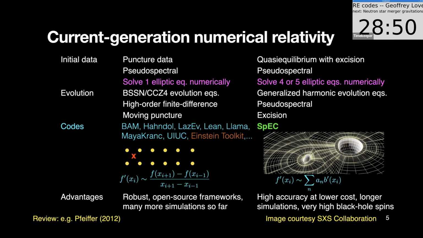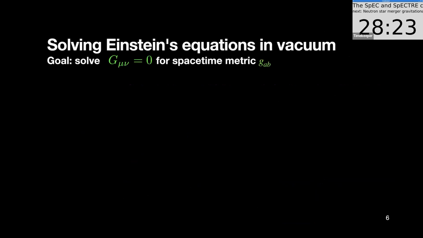There's a lot more open source frameworks. Finite differencing is more robust. There's a lot more of these simulations. Spectral simulations tend to be more accurate at lower cost. The errors converge exponentially with resolution instead of some power law with resolution. And these methods are also especially good if the black holes are spinning really fast, for some technical reasons that I have a bonus slide for if you want to hear about later.